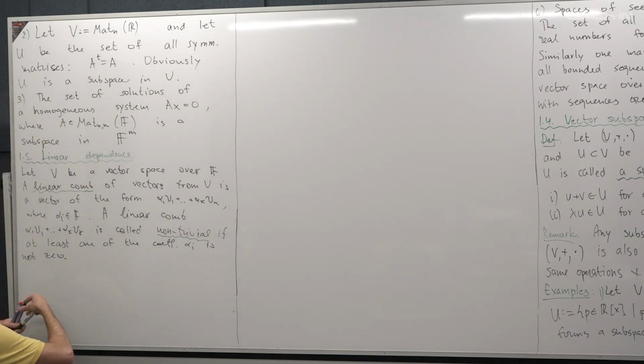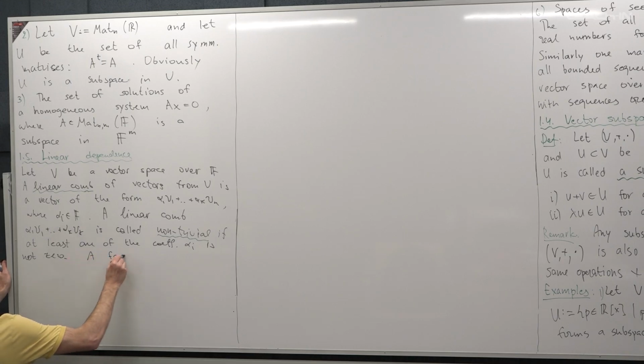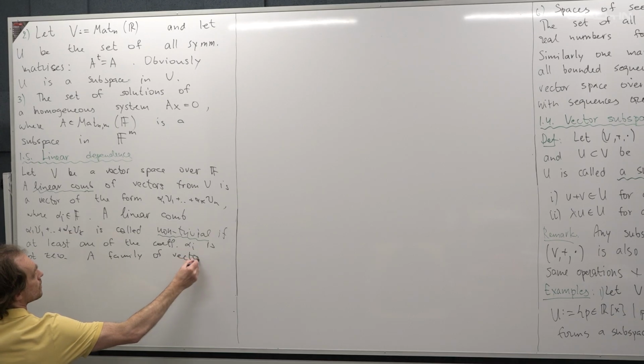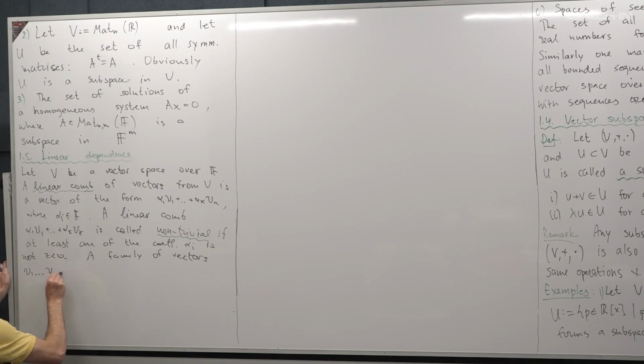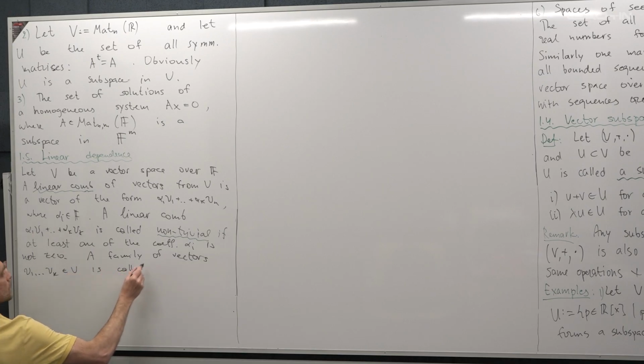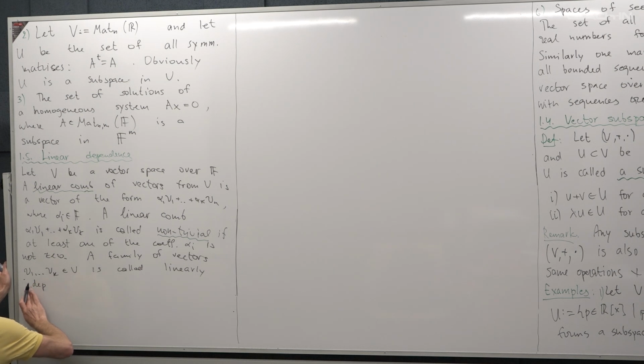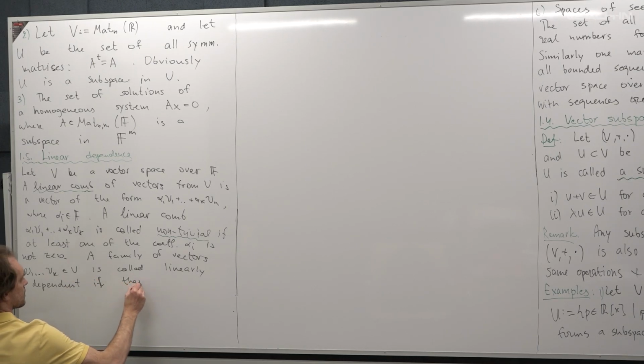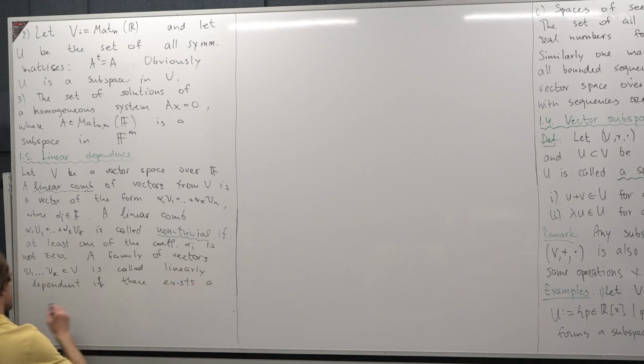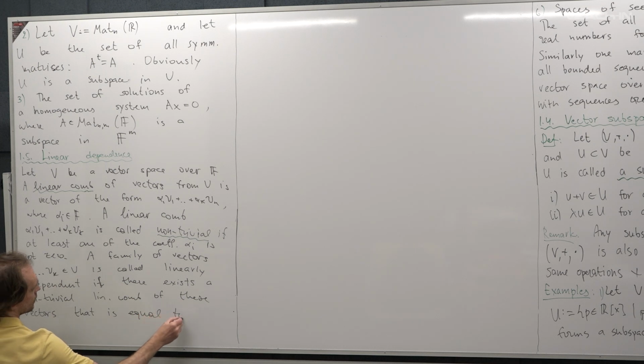And so a family of vectors v1, etc., vk from V is called linearly dependent if there exists a non-trivial linear combination of these vectors that is equal to the zero vector.